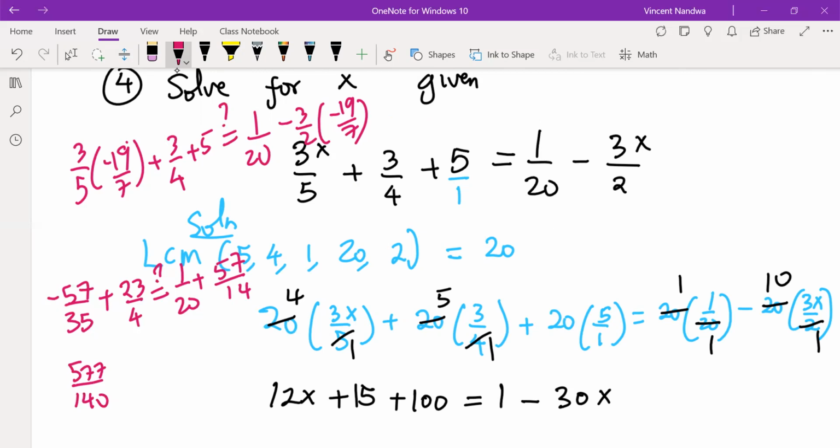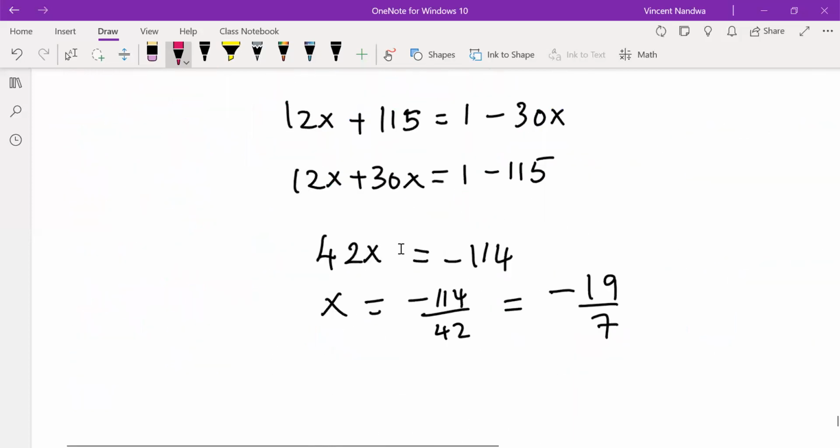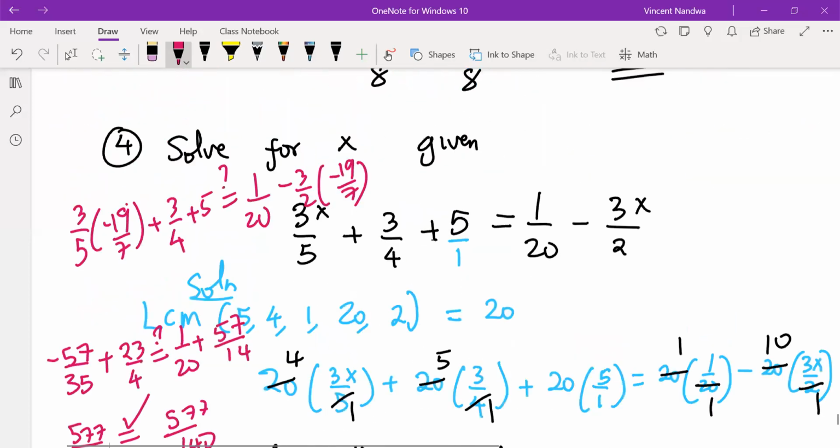And then 1 over 20 plus 57 over 14 gives you 577 over 140. So indeed, the answer we have is the true one, minus 19 over 7.